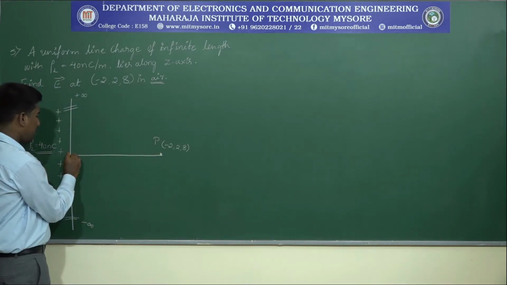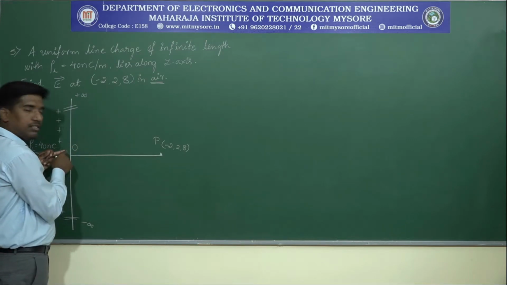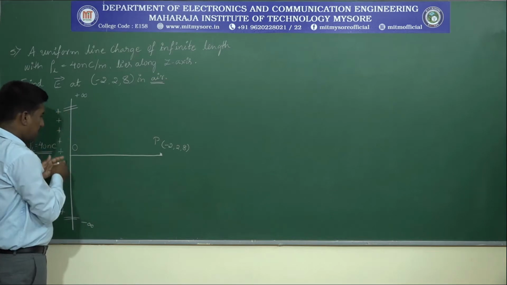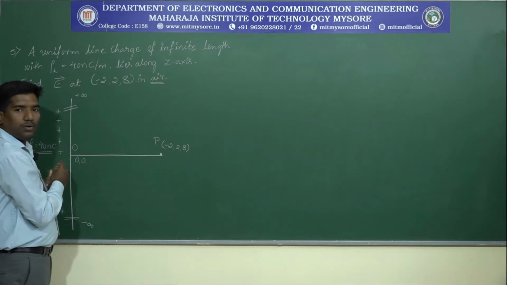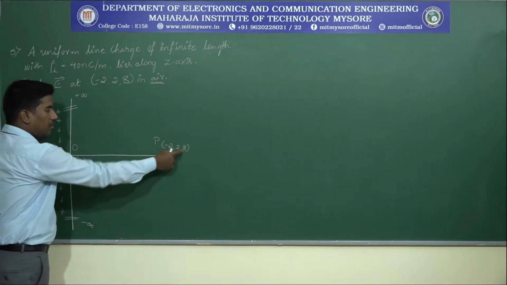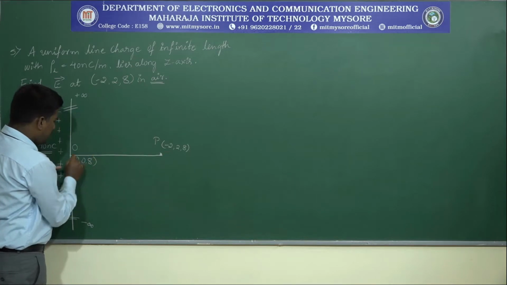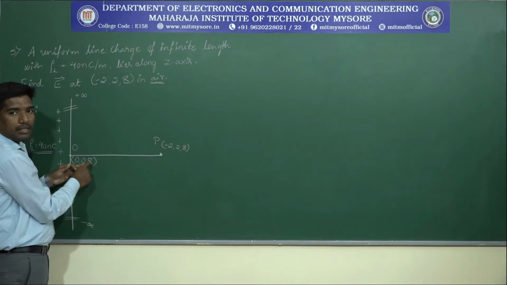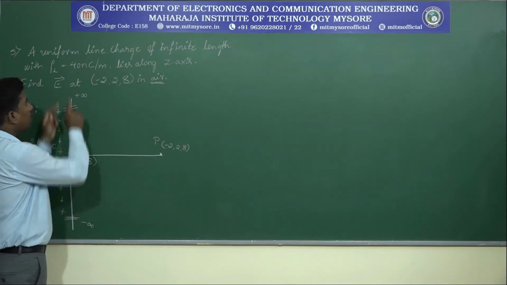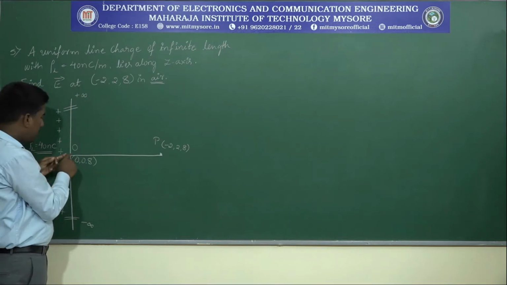Let us consider this origin as O. Since this origin is located on the z axis, its x and y coordinates are 0, and its z coordinate is equal to that of point P. Therefore, the coordinate of this origin point is (0, 0, 8). This is not given, but according to the problem statement you need to calculate the coordinate of the origin.